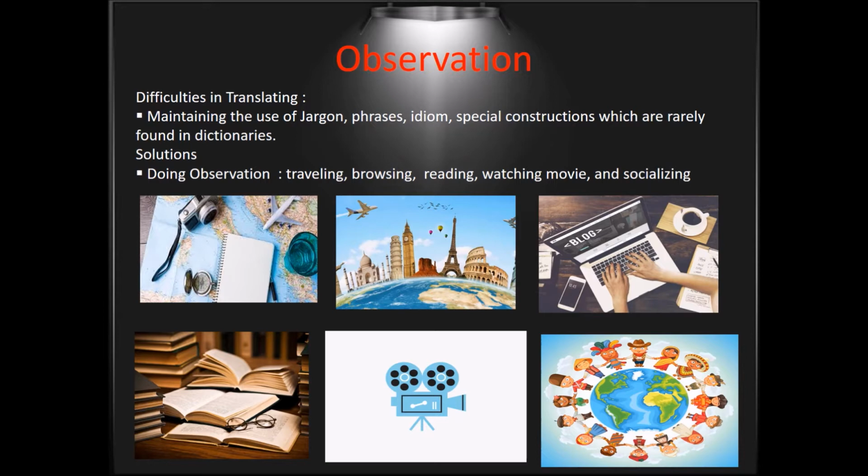Doing observations is really important in translation because from observation, the answers to difficulties will be found. Observation itself can be done by traveling, browsing the internet, reading books or novels, watching movies, and also socializing.